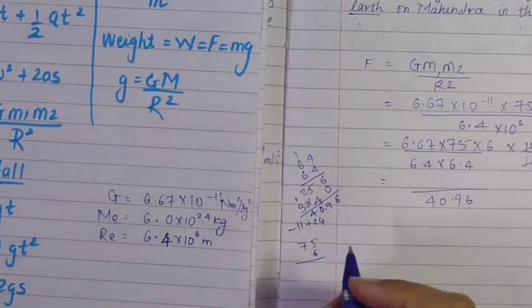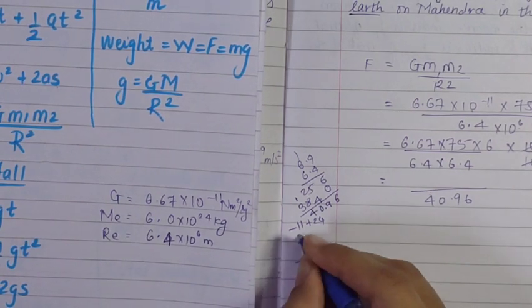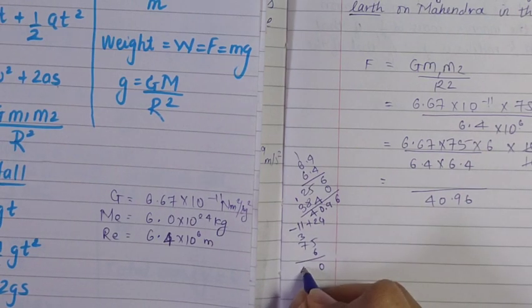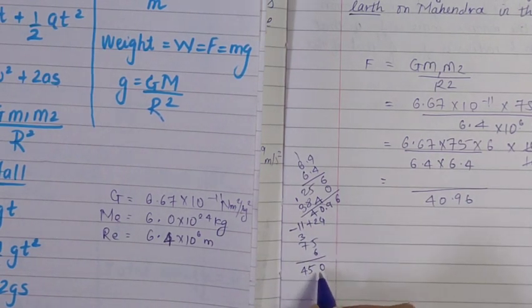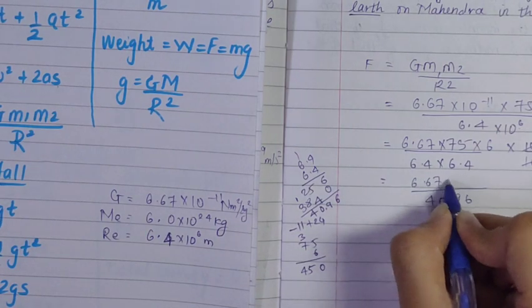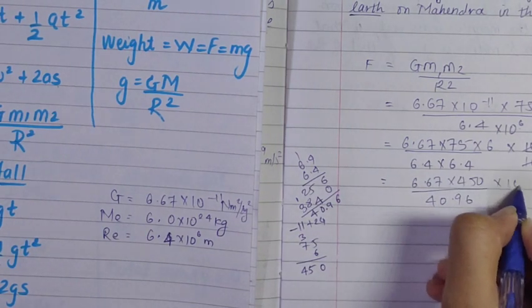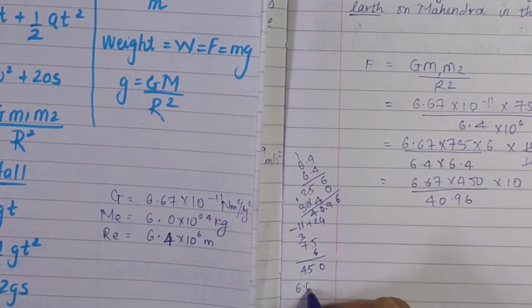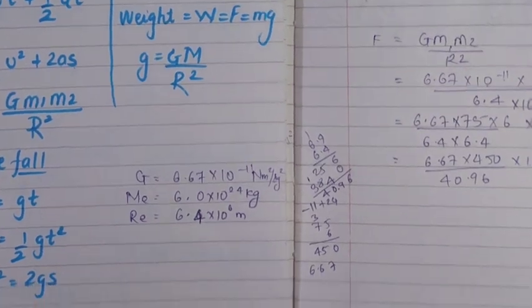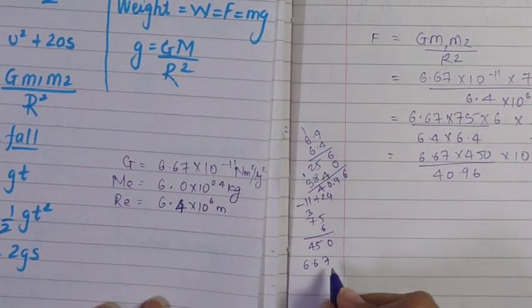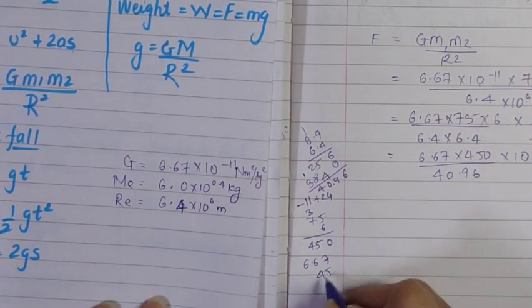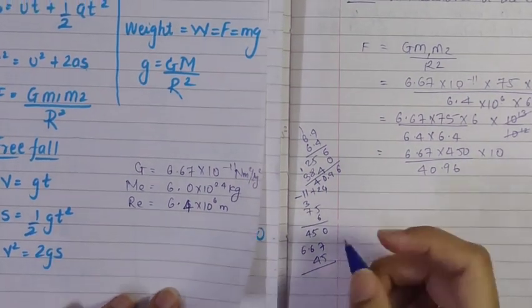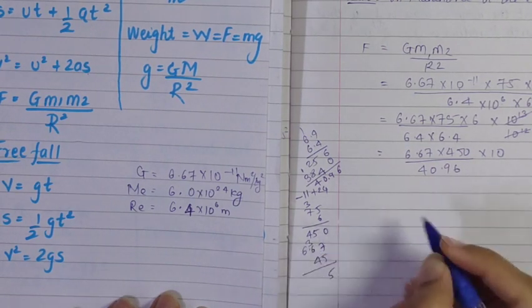So 75 into 6 is 450. So this is 6.67 into 450 into 10. Fine. Now what we will do is multiply 6.67 into 45. Okay. So this is 35.